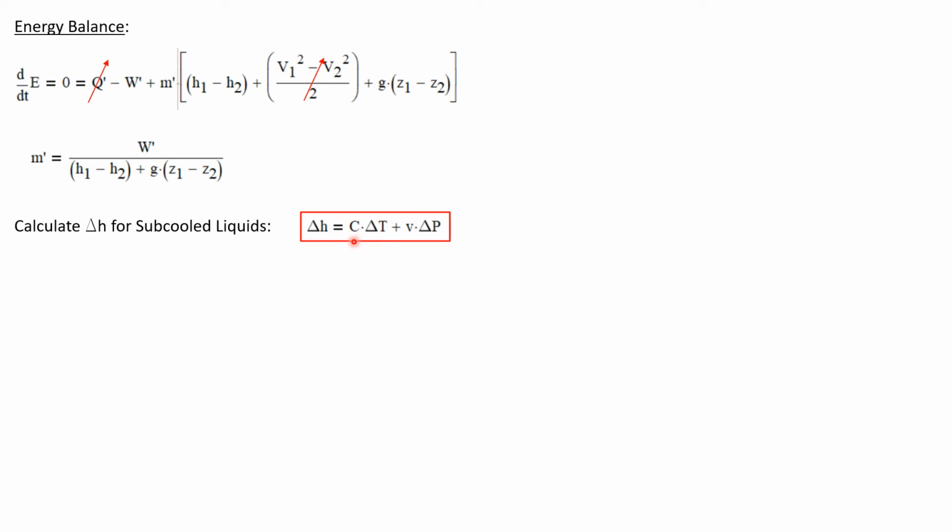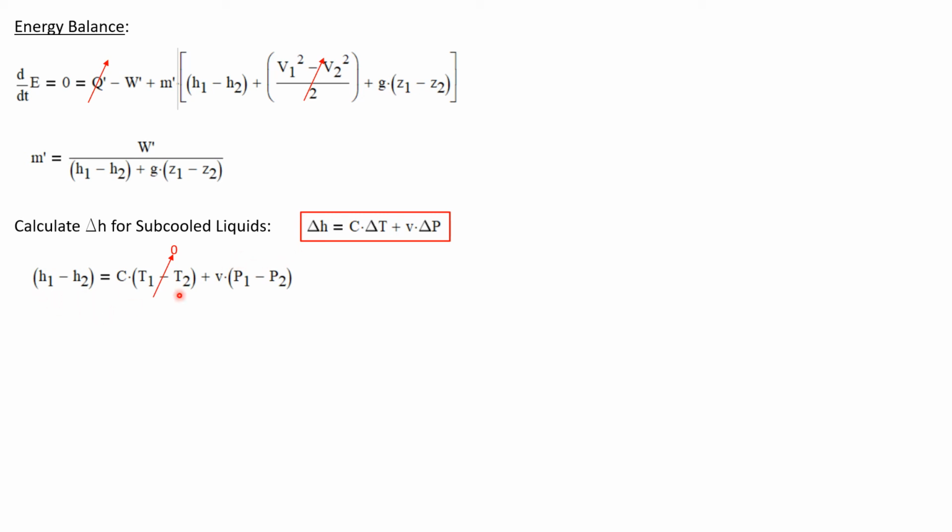Now, as you will recall with gases, we had two specific heats, c sub p and c sub v. But as the gases liquefy, c sub p becomes equal to c sub v, or it's just c. So liquids only have one specific heat. We'll call it c. And this is the expression for calculating delta h.